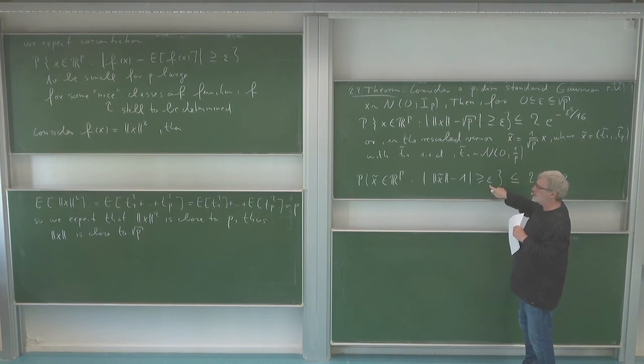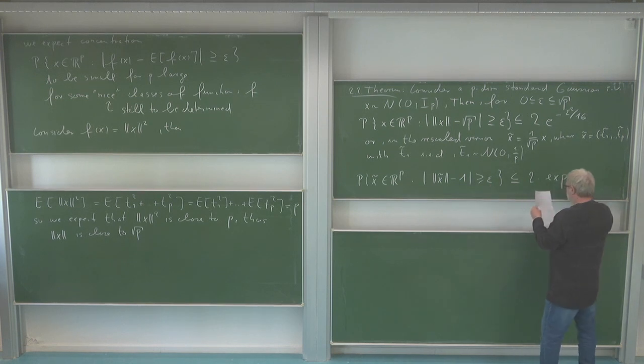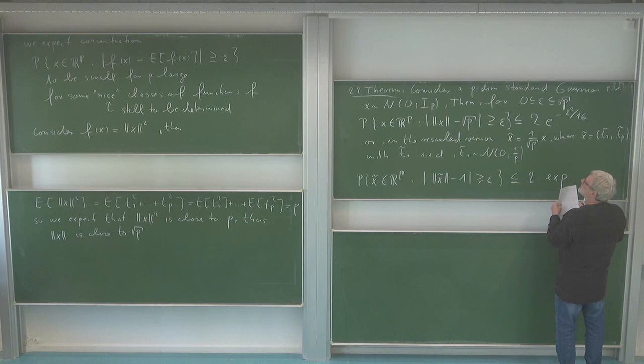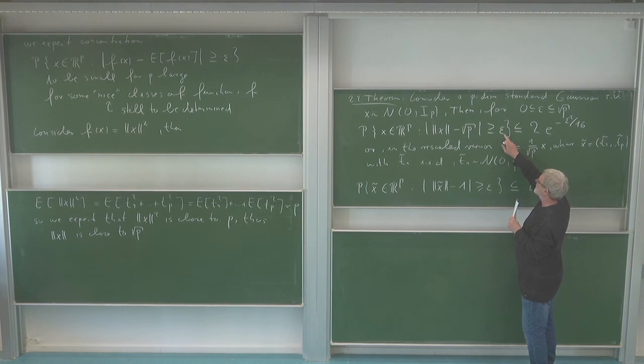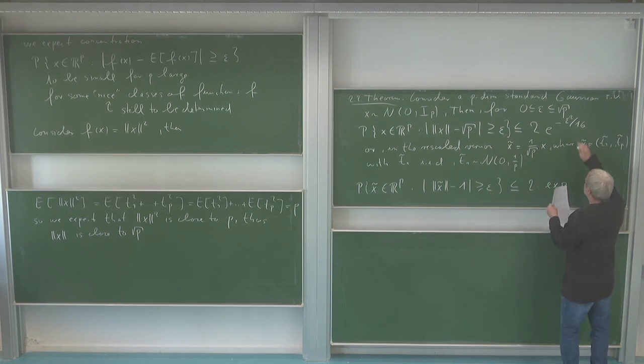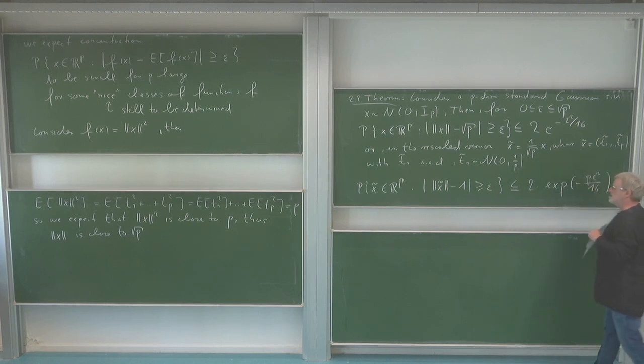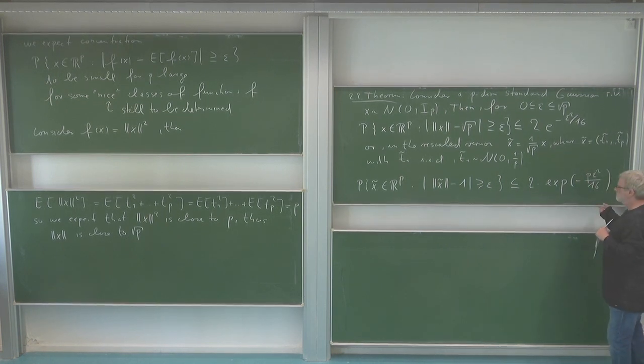The new epsilon is epsilon divided by square root of P. So on this side I also have to replace epsilon by epsilon times square root of P, so that after division I get the epsilon. So here I have to replace the epsilon squared by P times epsilon squared divided by 16.